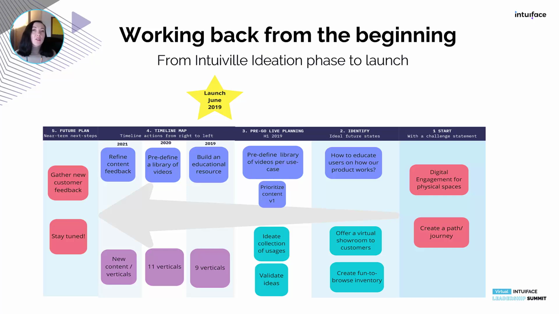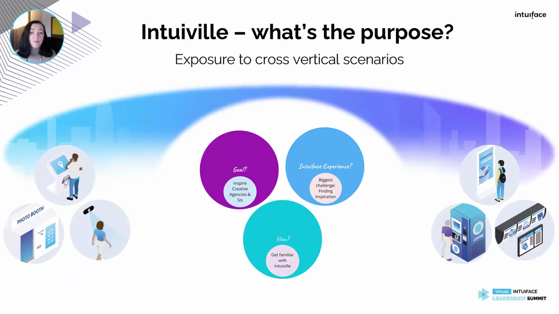So with that, Intuiville was officially launched in June 2019, starting with 9 verticals, and in 2020 that was increased to 11. The goal is to inspire here for 2 main use cases: agencies and integrators, and clients of agencies and integrators.